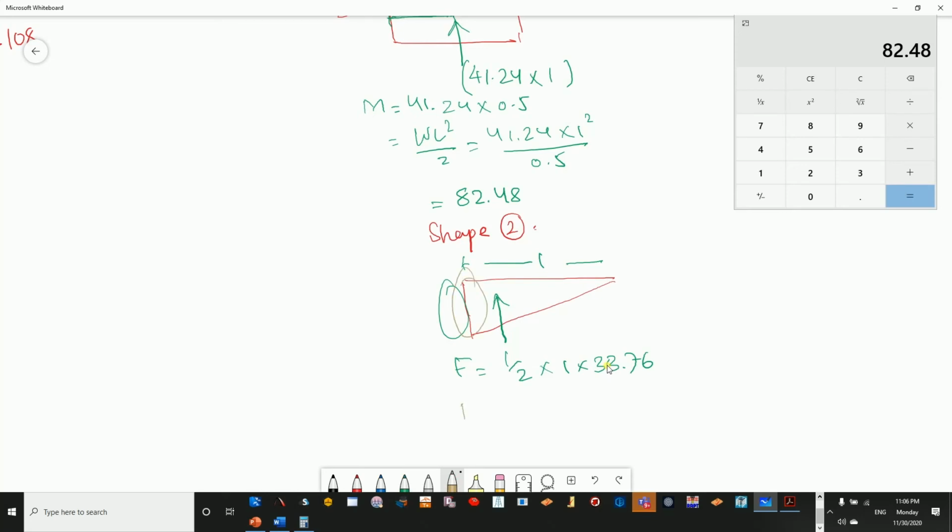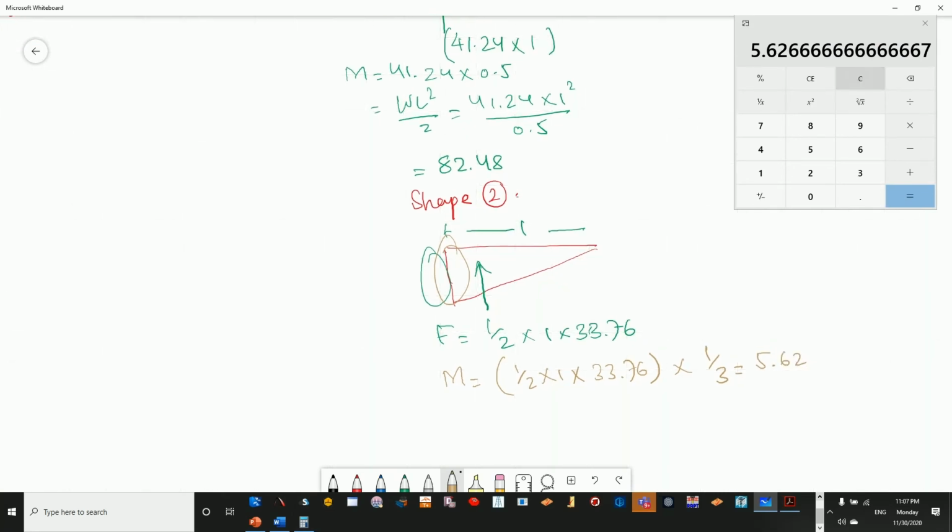Okay, so to calculate the moment, we can say directly it's the force multiplied by 1/3 of the distance, from the force to the section, which is 1/3. So this is going to give you half multiplied by 33.76 multiplied by 1 divided by 3. So this will give you 5.62.